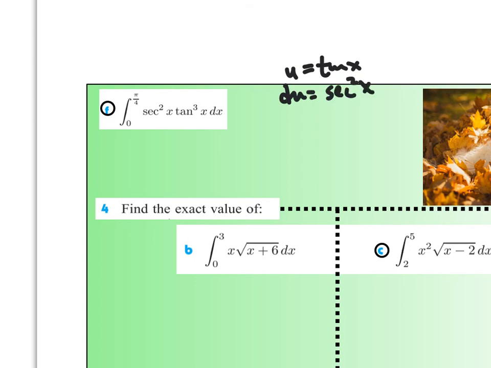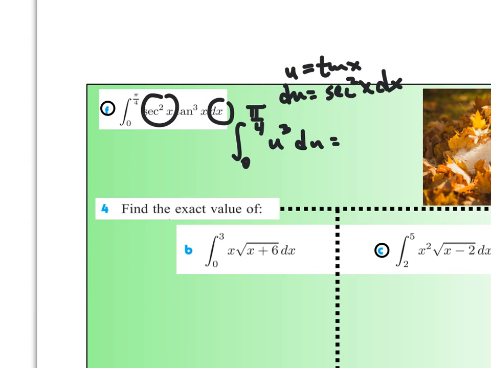So then this becomes a very easy integral from 0 to pi over 4, right, so the dx and the secant squared are taken care of, so then it's just u cubed du, which is u to the 4th over 4, which now if I evaluate would be tangent to the 4th x over 4.